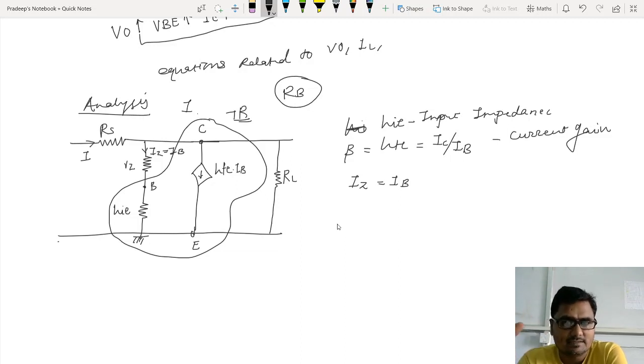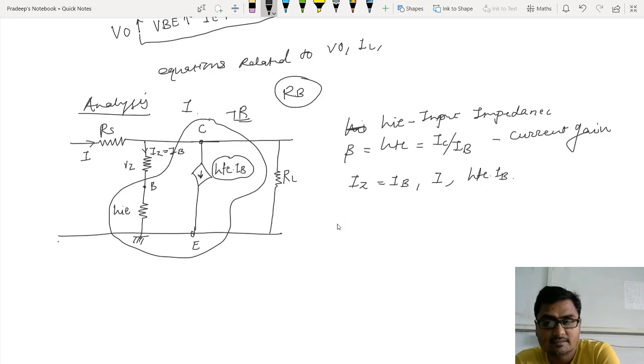Even if you don't consider this RB, it is okay. So I am writing IZ equals IB, and then this current HFE IB, which I am showing as a current source. So how many currents are there? The first current is IZ, which equals IB. The second current is I, and the third current is HFE multiplied by IB. So in total 3 currents are there in the circuit.